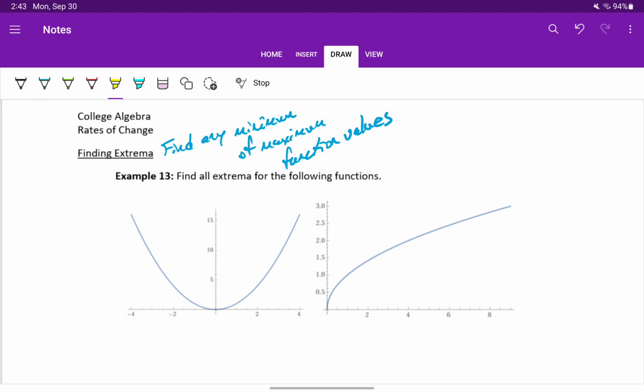Looking at our first graph in example 13, this is one that we were working with in a previous example. We know that it's increasing to the right of the y-axis, decreasing to the left of the y-axis. Whenever a function changes between increasing and decreasing in either order, the point that we end up with there is either a maximum or a minimum.